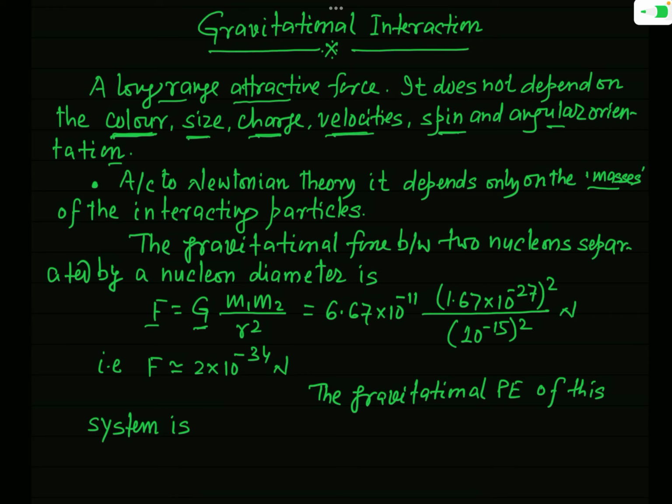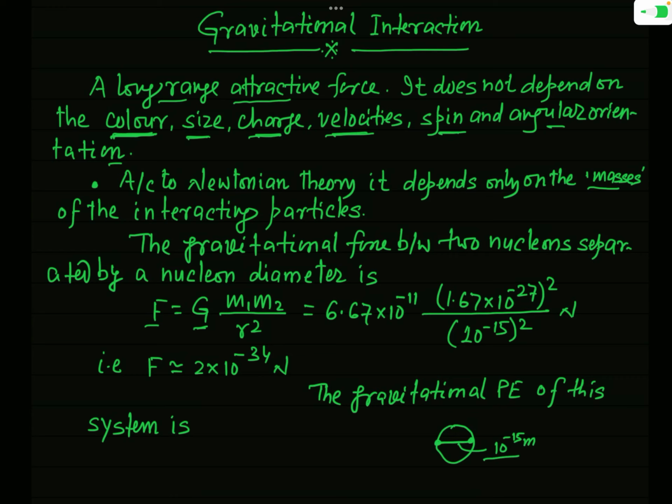the magnitude of this force acting between two nucleons separated by just a nuclear distance. It means you consider that inside a nucleus there are two nucleons at diametrically opposite points. So these two nucleons will be separated by a distance equal to a nuclear diameter, and you know the nuclear diameter is of the order of 10 to the power minus 15 meter.